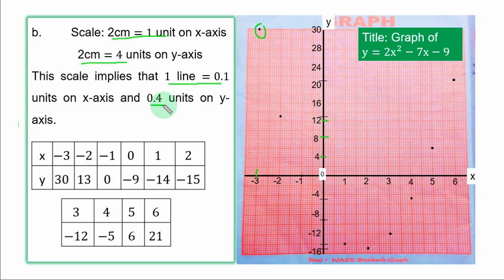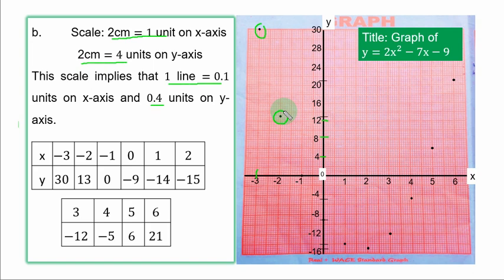Now you need 13. So after 12, the next line is 12.4. The second line is 12.8, and the third line is 13.2. So you have 13 in between 12.8 and 13.2. That is the middle of it, what you have here. So you see why getting what one line stands for is very important.